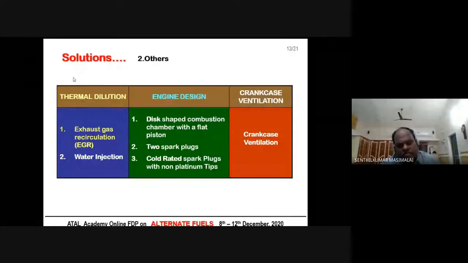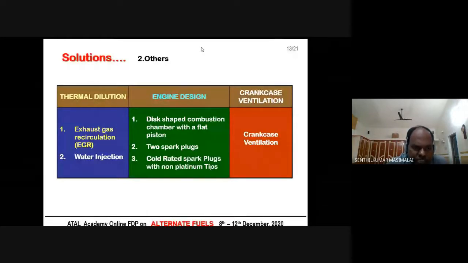Exhaust gas recirculation, you are aware of: taking a small part, 5 to 10% of the exhaust gas, and supplying it along with the intake will help in controlling the combustion of the fuel. This is adopted in spark ignition and diesel engines also. Particularly in hydrogen combustion, we can go for EGR to control the combustion rate.